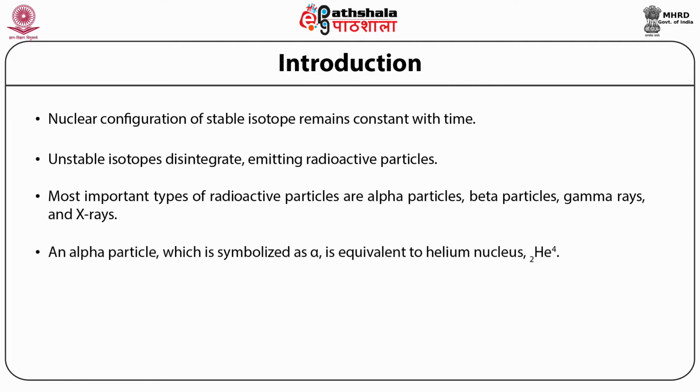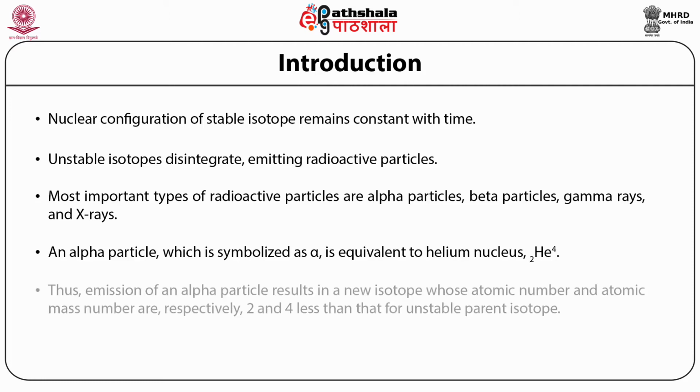An alpha particle, symbolized as alpha, is equivalent to a helium nucleus, 2He4. Thus, emission of an alpha particle results in a new isotope whose atomic number and atomic mass number are respectively 2 and 4 less than those of the unstable parent isotope.